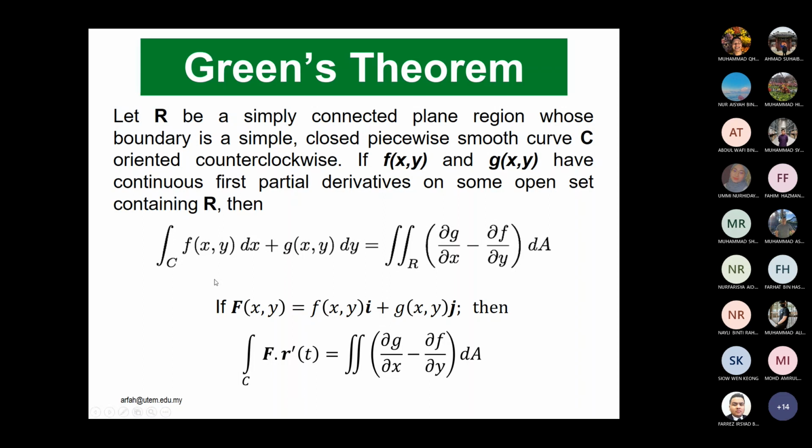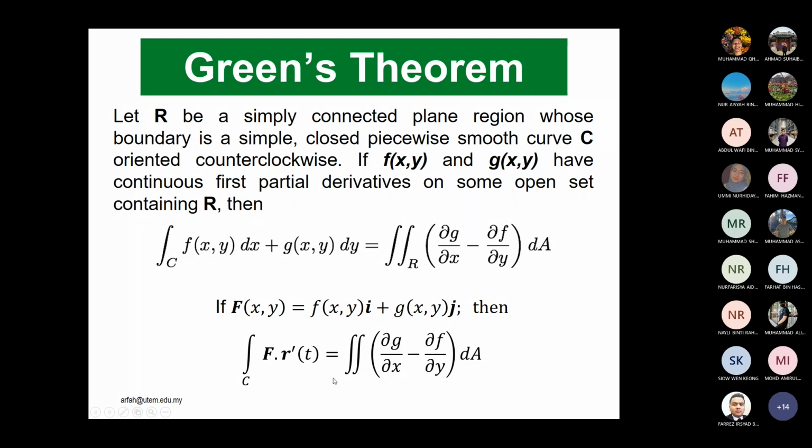If you want to find the integration over the curve C for f(x,y) dx plus g(x,y) dy, it will be the integration over the bounded region R of the partial derivative of g over x minus the partial derivative of f over y, dA. This is applicable for two-dimensional space only. And if you were given the vector function, the line integral by using Green's theorem will have this formula.